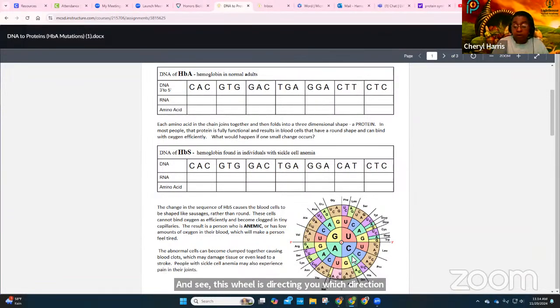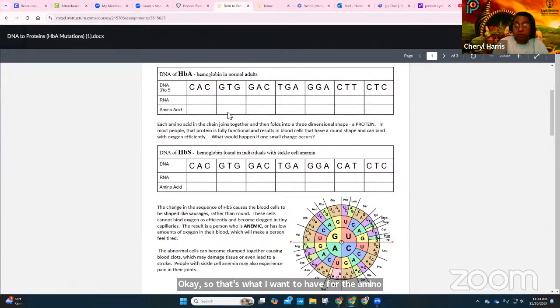Now this one splits. Not all of them are going to be the same. So from A, I want C, that purple box. And C tells me that CAC is going to code for histidine. So that's what I want to have for the amino acid on that box.